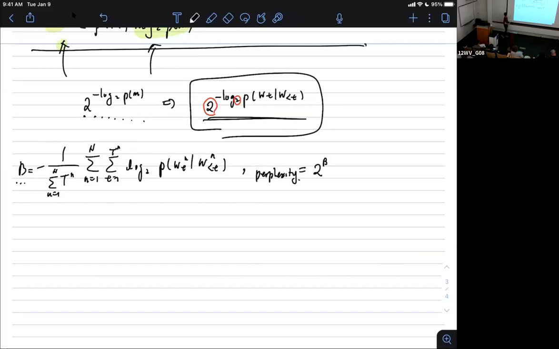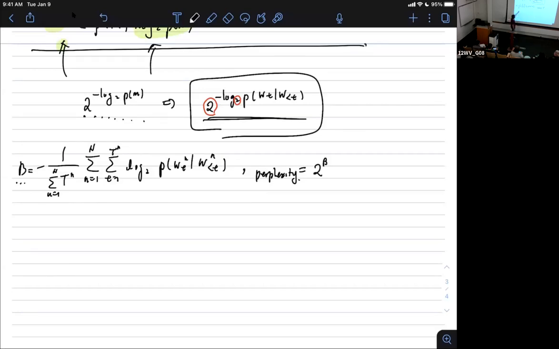Now, one last thing that I wanted to point out is that this is slightly different from the loss function that we talked about last week that we should use for training a language model. What's the difference? Last week it was the average of the sum, because we're looking at the average of the log probabilities of the sequences.